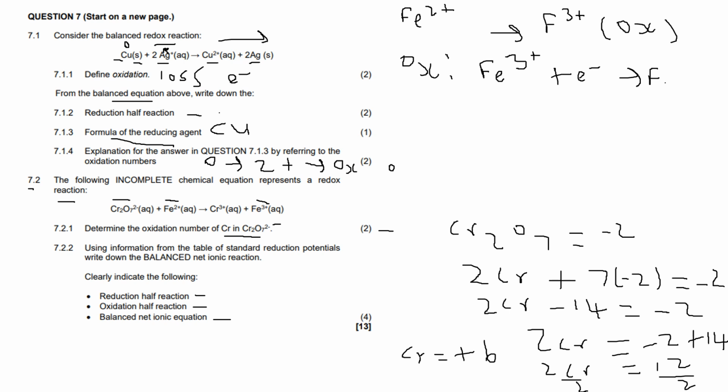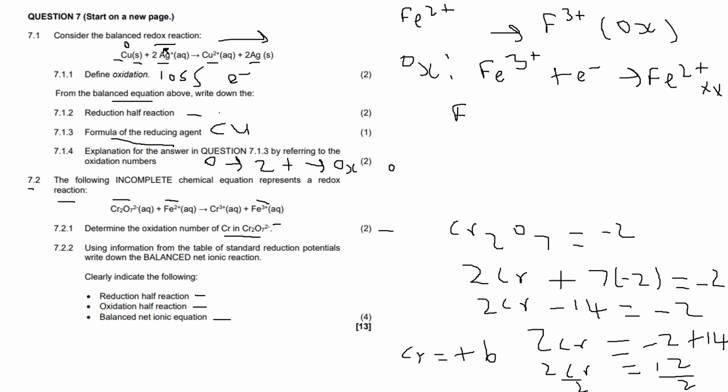But don't forget, the table that's given to us is written as reduction half reactions, and we know Fe is undergoing oxidation. So this reaction here represents a reduction reaction, which means it's not correct. To find the one that is undergoing oxidation, just do the reverse of it.